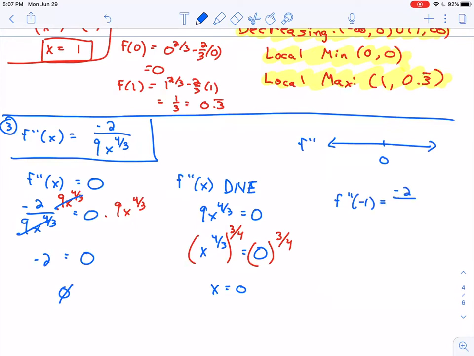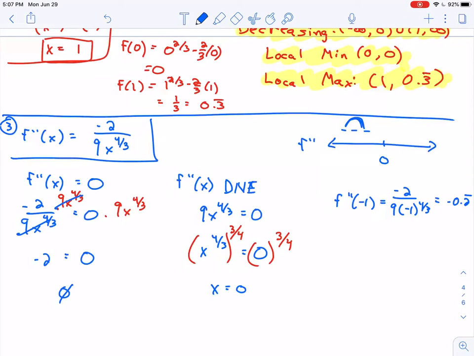This is -2 over 9 times -1 to the 4/3 power. So let's see, if I take -1 and plug this in, I end up with -0.2 repeating. I believe that's just -2/9. Let me double check. Yes. So it's -2/9. But again, it's the negative sign that I'm really interested in. My second derivative is negative. My function is concave down.